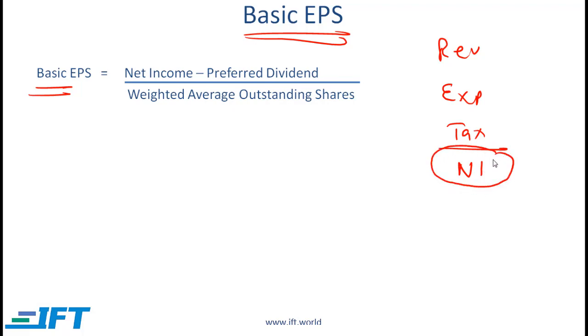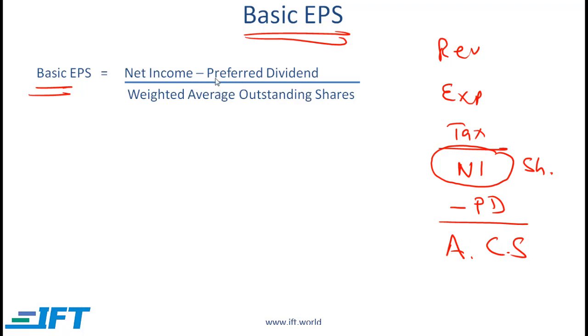This is the money available to all shareholders. But the concept of EPS is the earnings available to ordinary shareholders on a per share basis. So from the net income, we need to subtract the preferred dividend to see what is available to common shareholders or ordinary shareholders.